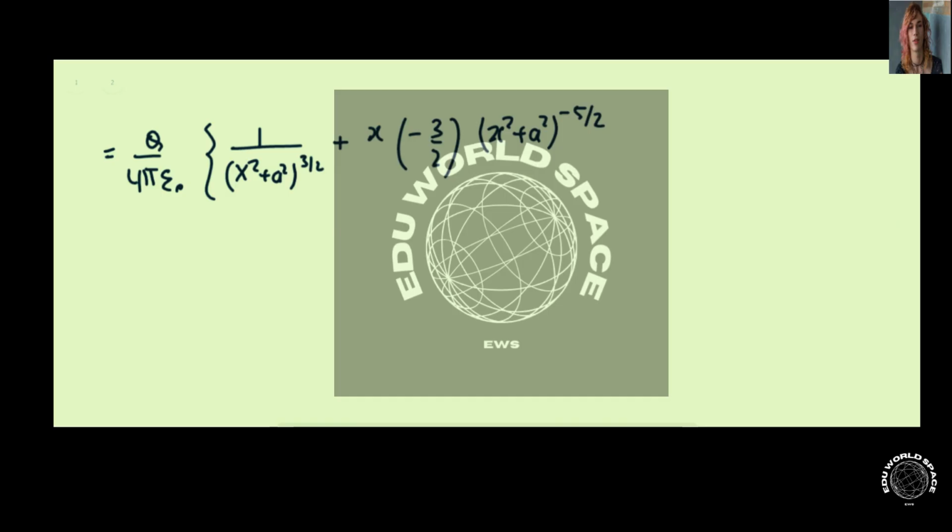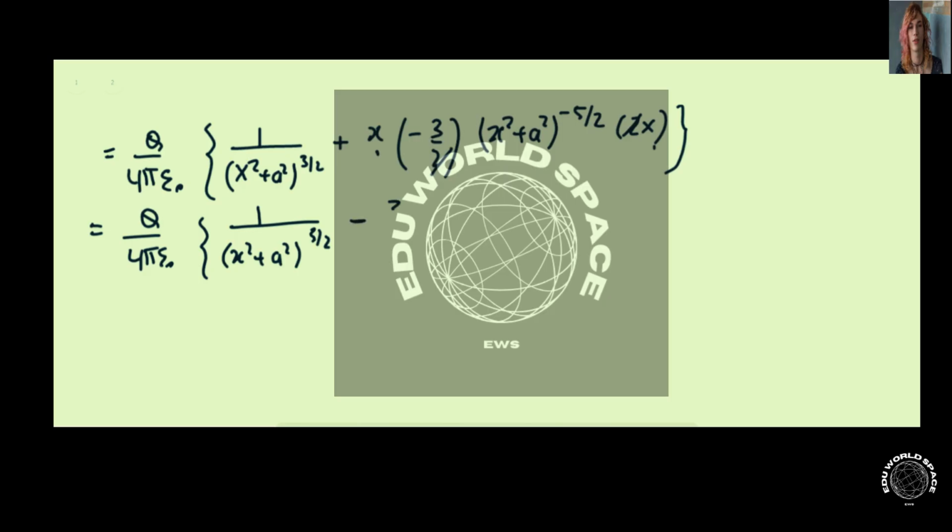And then we still have the x squared here, so we're going to have to take the derivative of that too, 2x. Now these 2's are going to cancel out, as you can see, but we have one more x here and x here, so we're going to have an x squared term. Let's not forget that. Q over 4 pi epsilon naught, 1 over x squared plus a squared to the 3 over 2, minus 3x squared over x squared plus a squared to the 5 over 2.